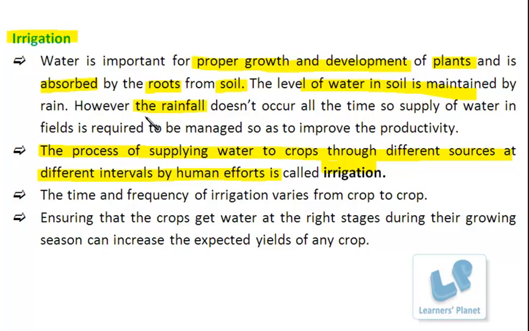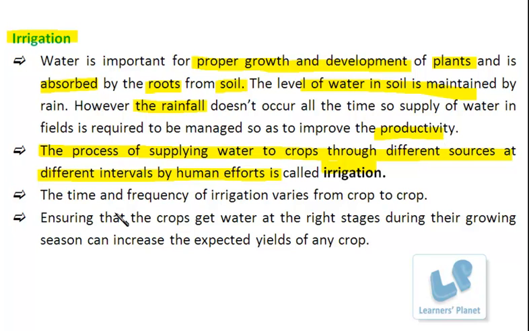And if the rainfall pattern is disturbed in any particular season, then it has a direct ill effect on production. So at this point, management is required. The farmers should not be dependent upon the rainfall for the water supply. And if this part is improved, definitely the productivity can also be improved.